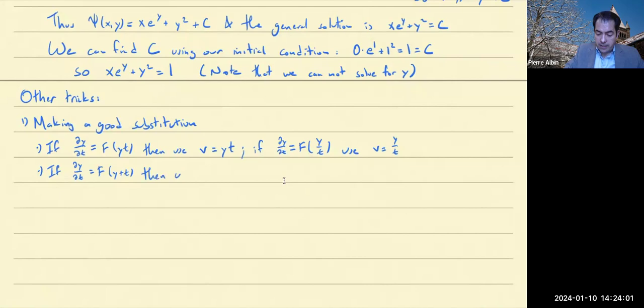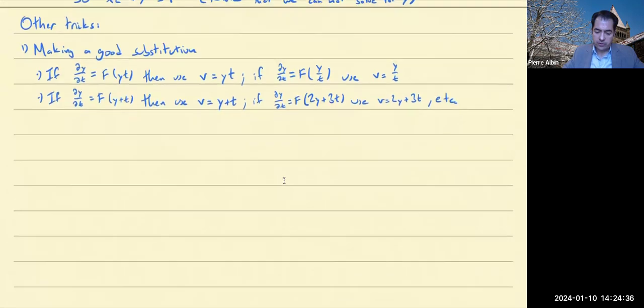Well, then try the change of variables v equals y plus t. Similarly, if the right-hand side is always a function of 2y plus 3t, then use v equal to 2y plus 3t, etc. Right? If you notice that y and t always enter in the same linear combination, well, then make a change of variables and use that linear combination as your new variable.